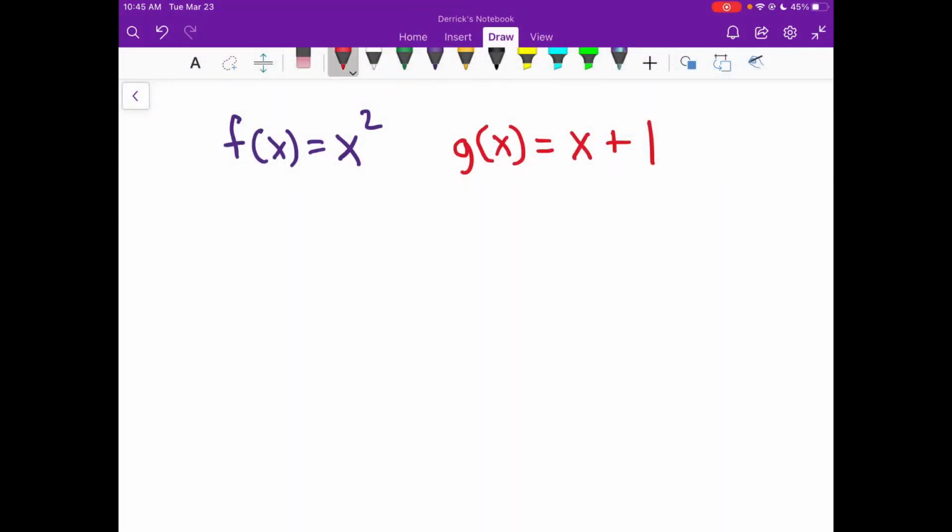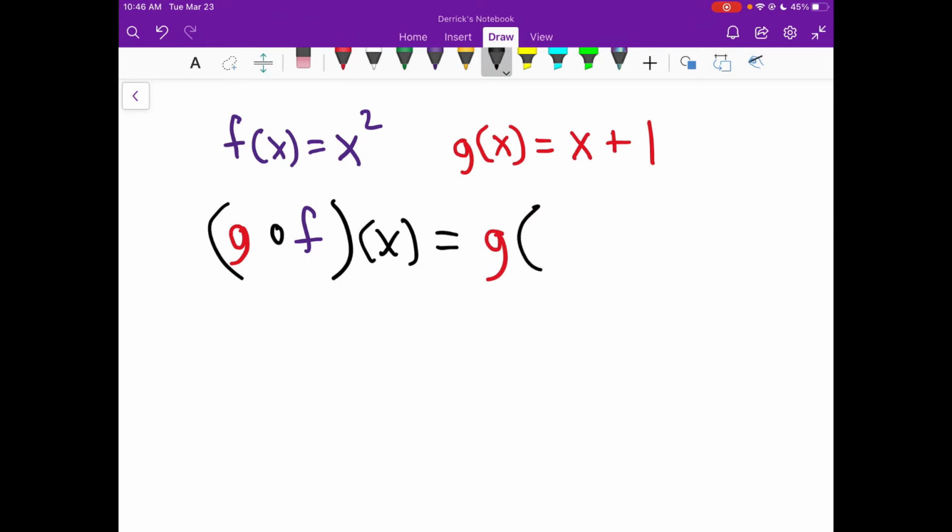This time, let's say I give you the same two functions, f of x equals x squared, and g of x equals x plus 1, but this time I ask you to do g of f of x, which could be written this way or could be expressed this way as well.